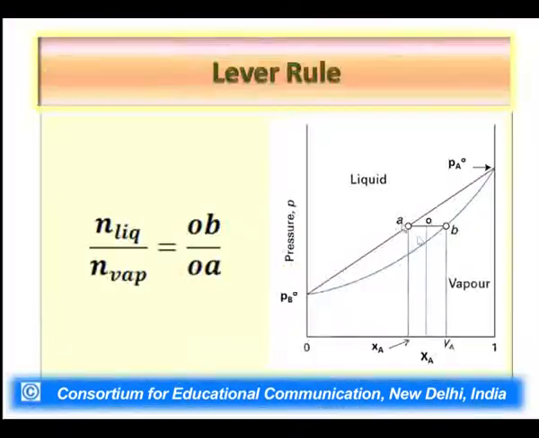Apart from this, we have one very important observation here: we have the length of line segment OA and the length of line segment OB as well. If this overall state point lies very close to point A, it clearly means, as I said, that all the points on the purple line indicate the system is only in the liquid phase and only the first trace of vapor has formed.